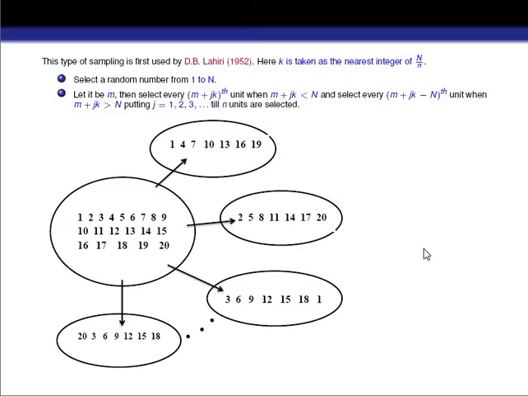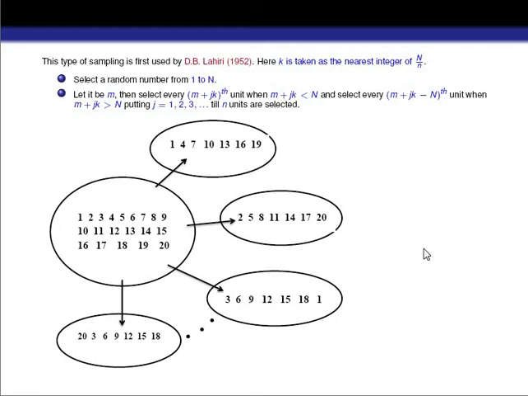When capital N is not equal to nk, whatever systematic sampling we apply to get a sample from the population is known as circular systematic sampling. So what will we do in circular systematic sampling?